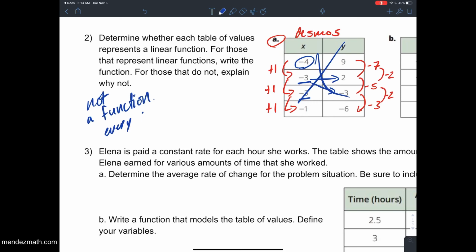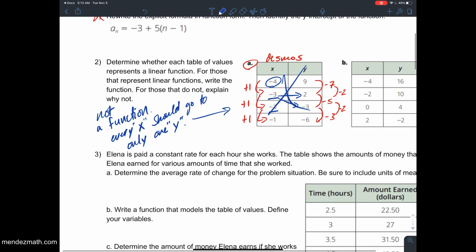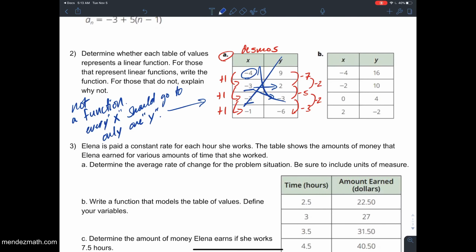Every x should go to only one y. Every input should have only one output. So that would be your answer here. Okay? So it's very important to look at your inputs and outputs.